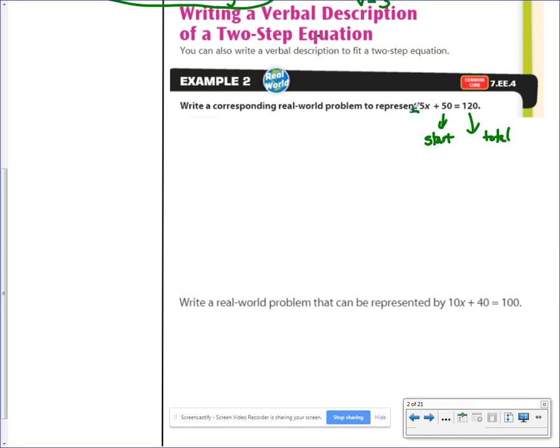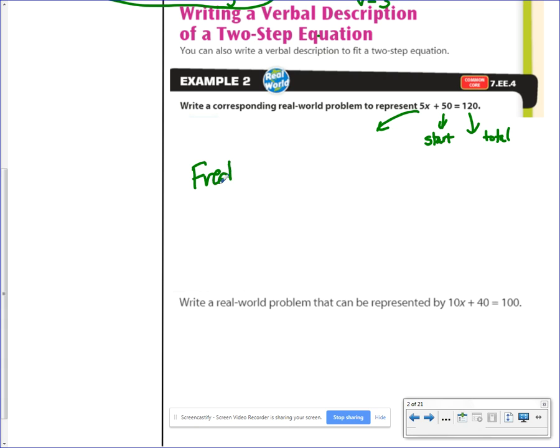And the 5 times your variable, the 5 talks about kind of how much you do each time, or 5 things at some kind of rate, plus this initial 50 gets you a total of 120. So let's brainstorm a few things. If you want to talk about money, we could say something like this.